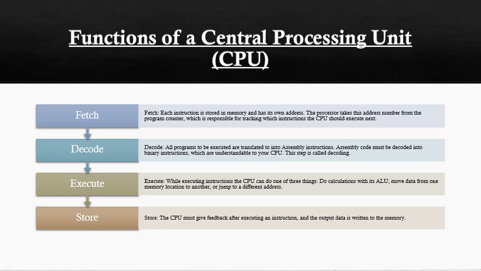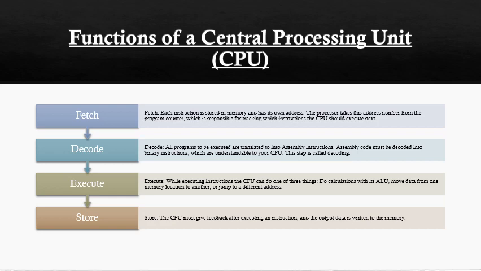All programs should be executed and translated into assembly instructions. Assembly code must be decoded into binary instructions, which are understandable to your CPU. This step is called decoding. The third step, execute.